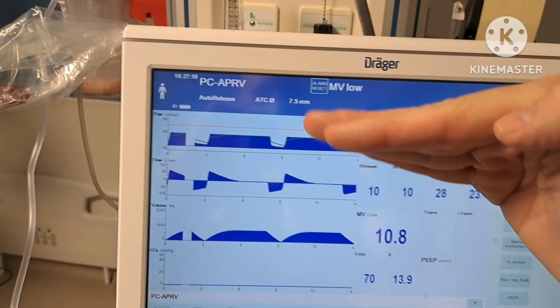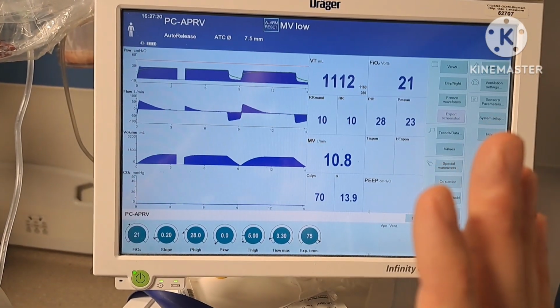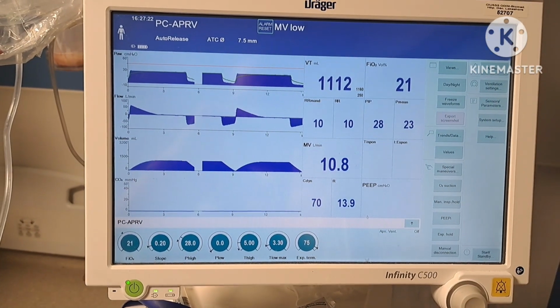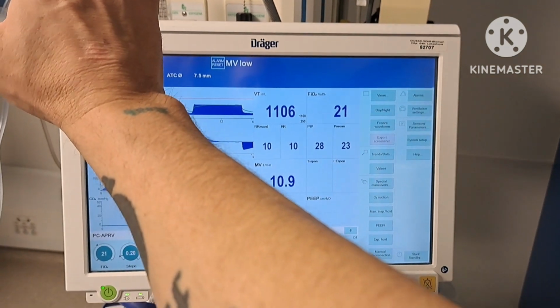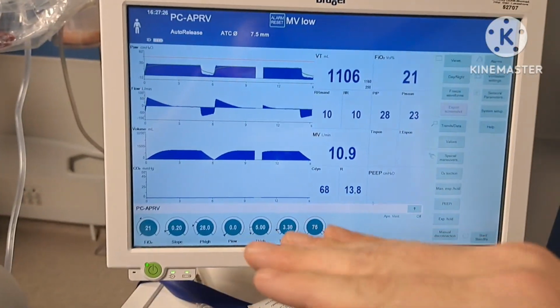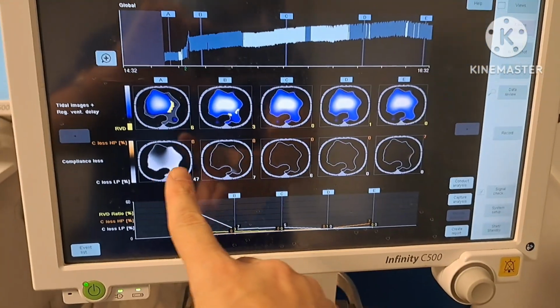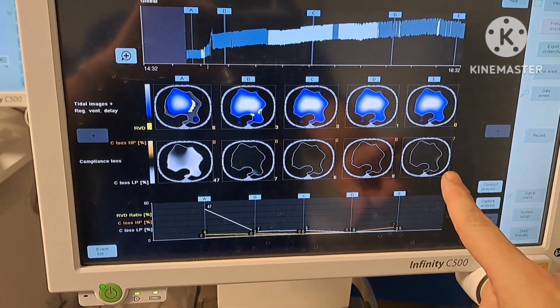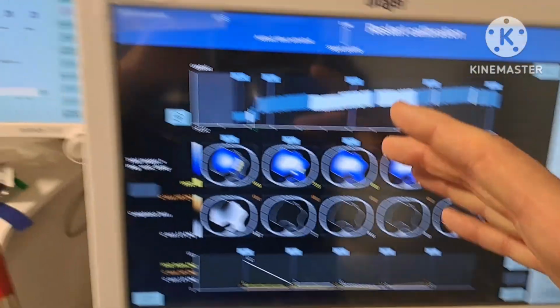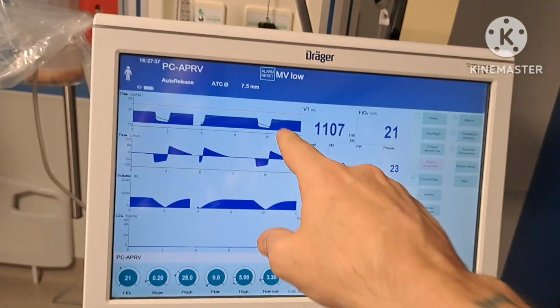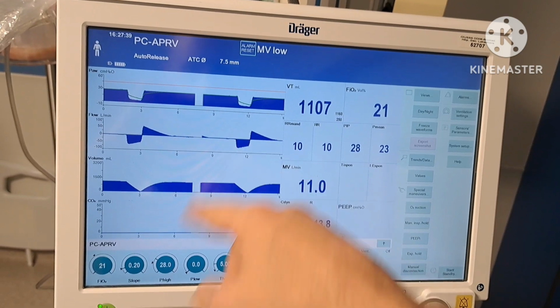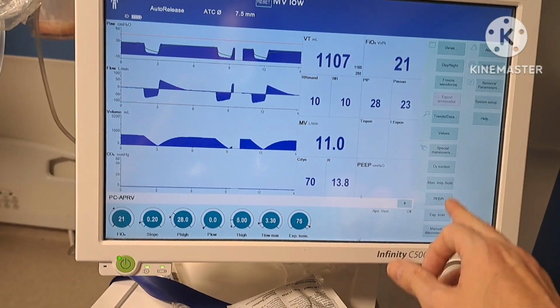Not forgetting that this is not pushing a P high of 15 and pushing a liter in. This is a CPAP that's at 28, showing that at 28 there is no over-distension when that lung is held at 28.